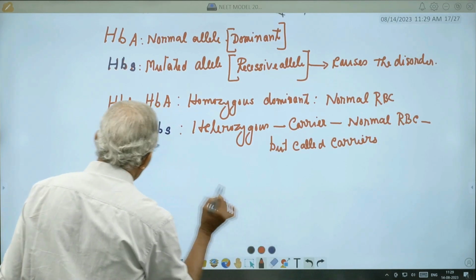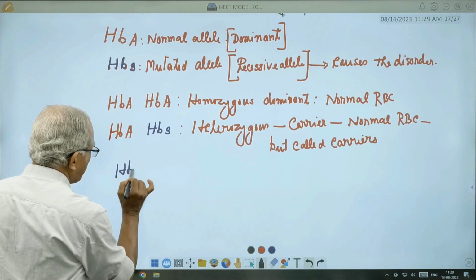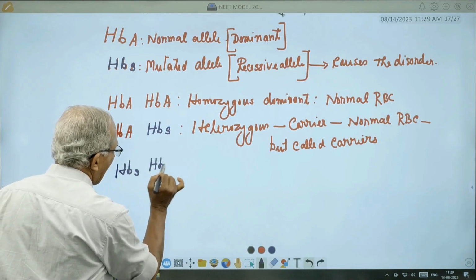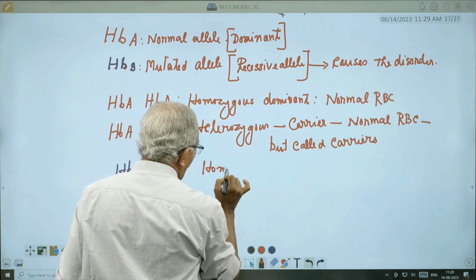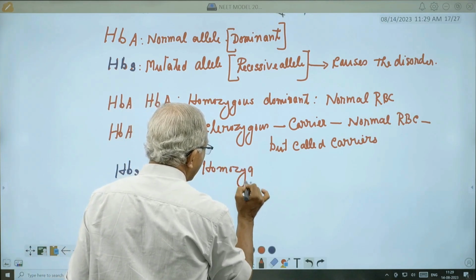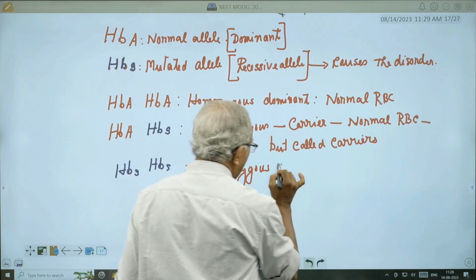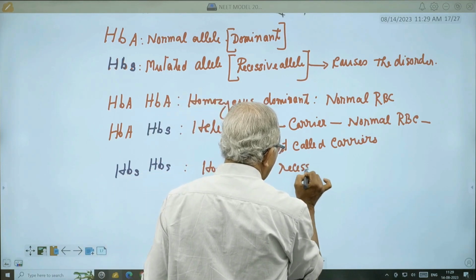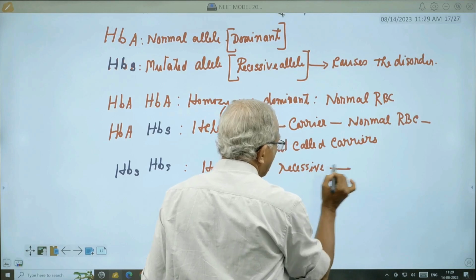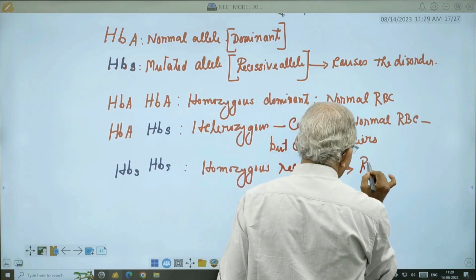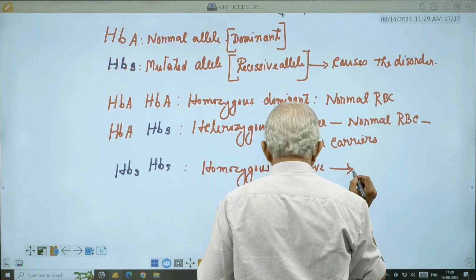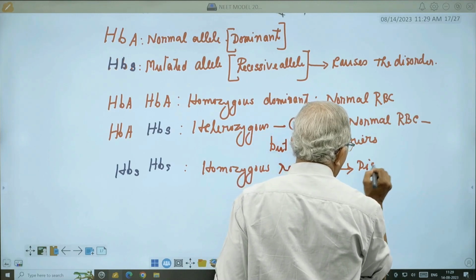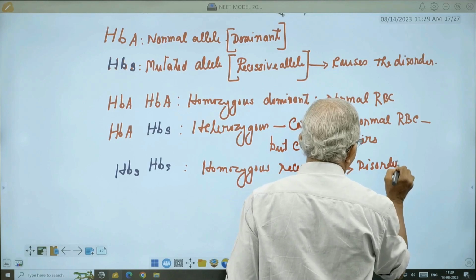On the other hand, HBS HBS is homozygous recessive, and they show the disorder.